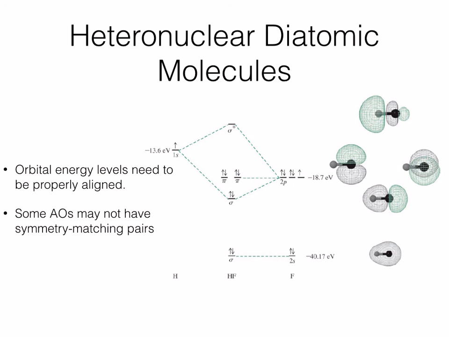I encourage you to read chapter 5.1 and chapter 5.2 at the very least. And we'll have an in-class quiz on Wednesday, and that will focus on first and second row molecular orbital diagrams and their applications.